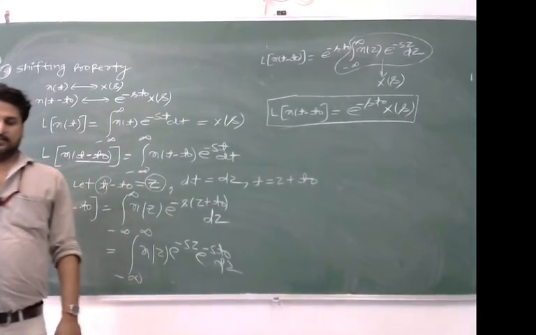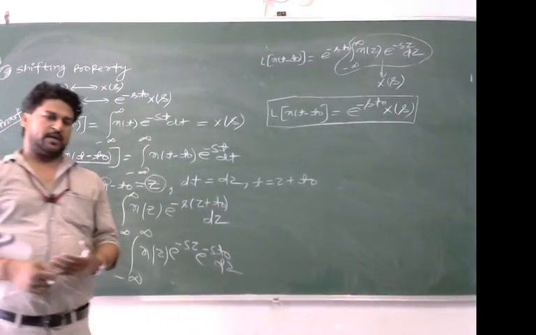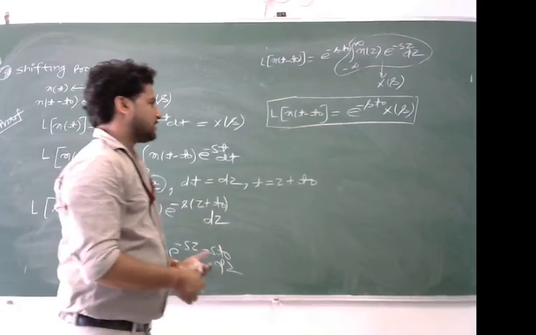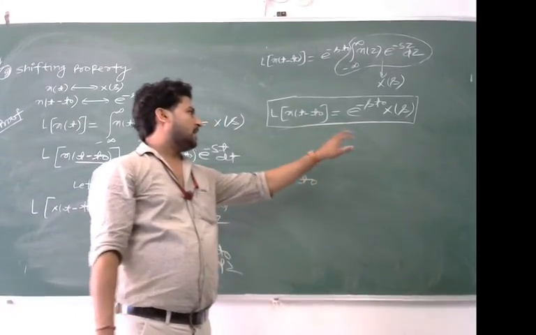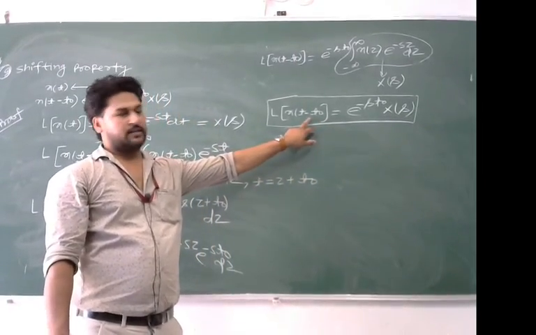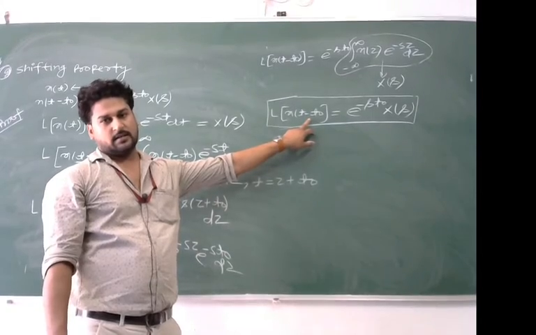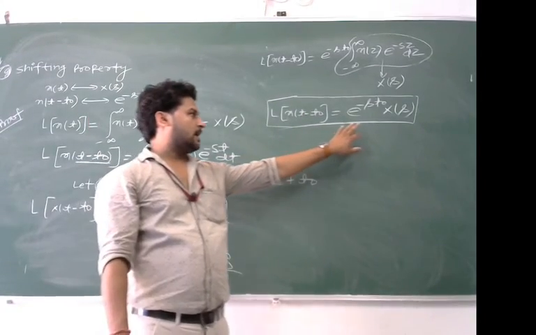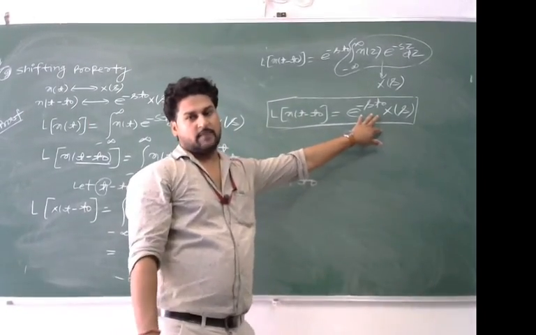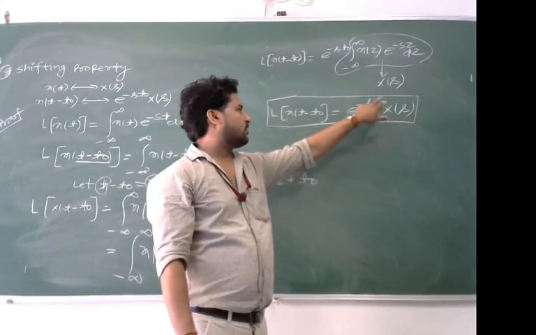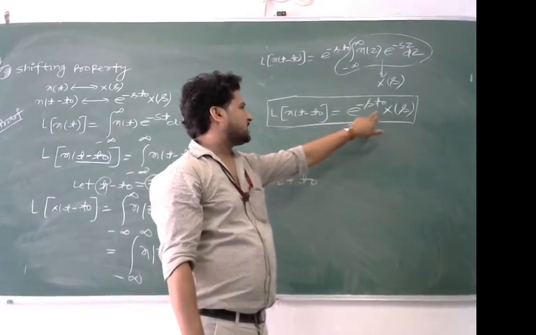It means that the time shifting property states that if we are shifting the signal by t naught units in the time domain, then the signal in the s domain will be multiplied by this quantity e power minus s t naught.